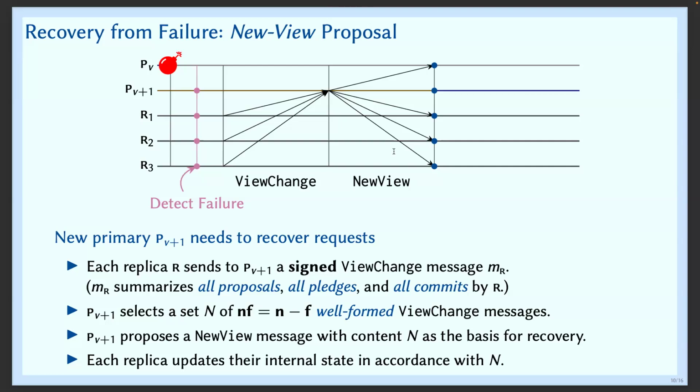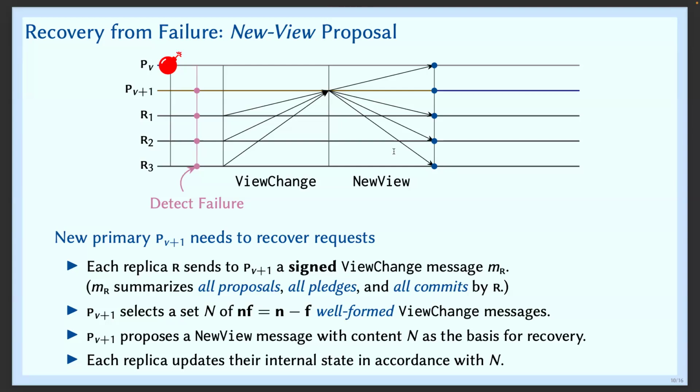All the transactions. Let's say there was only one round so far. If you had prepared a transaction for that round, you include it. If you have committed it, you would also include it. You would also say I've committed it. But the important thing is something you prepared. So that's what goes in a view change message that each replica sends.